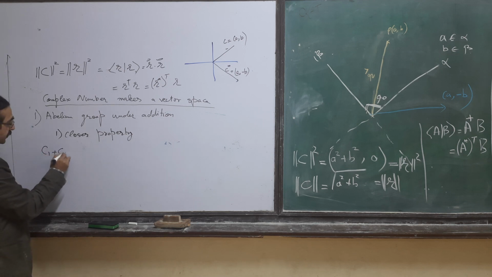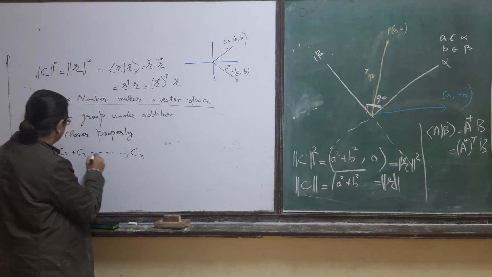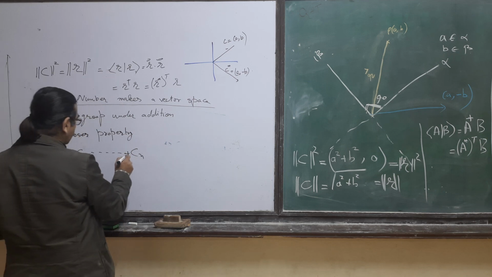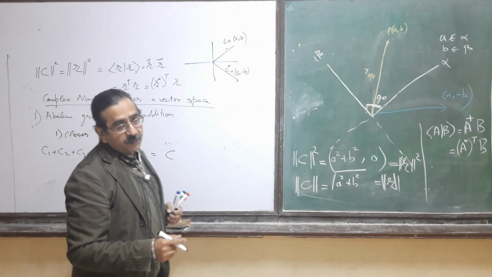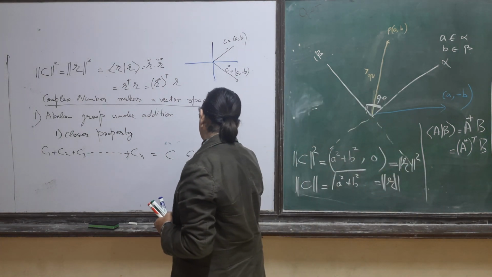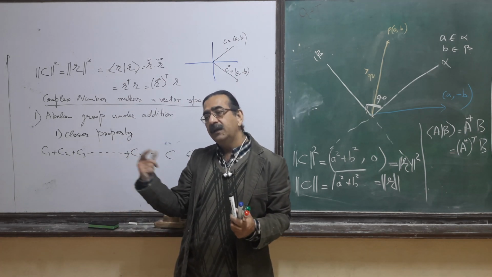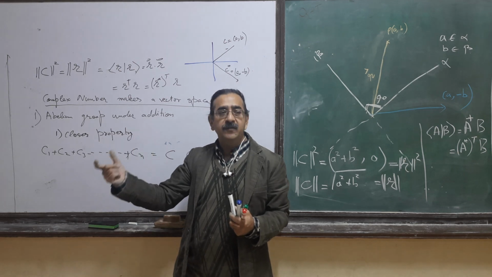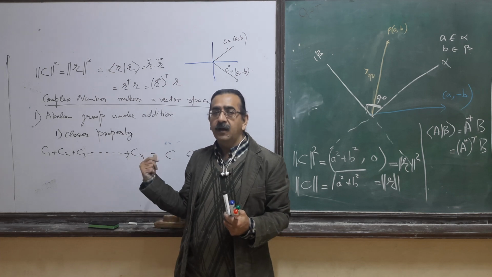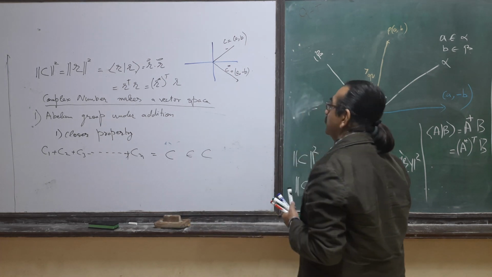If you have C1 plus C2 plus C3 up to Cn and you add them, the result will be a complex number again, an element of C. So the closure property holds. If you are adding ordered pairs, all the first parts are added with the first, and all the second parts are added with the second, as we have defined the rule of addition.